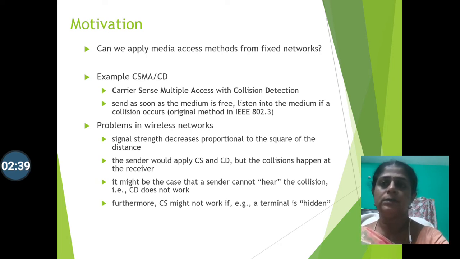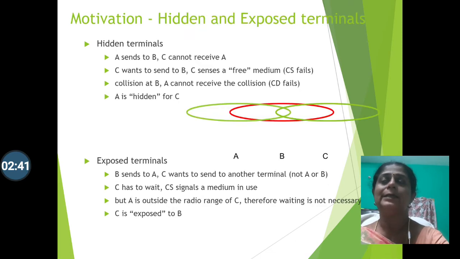Let us discuss the actual problems that happen in a wireless network when we use the same methods that we use in the wired scenario. The first problem we are going to discuss is the hidden and exposed terminal problem. What is a hidden terminal?